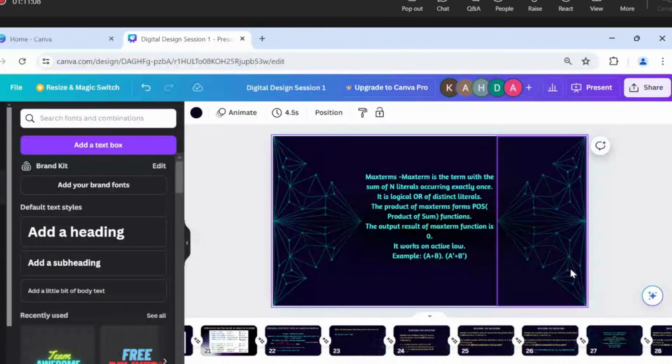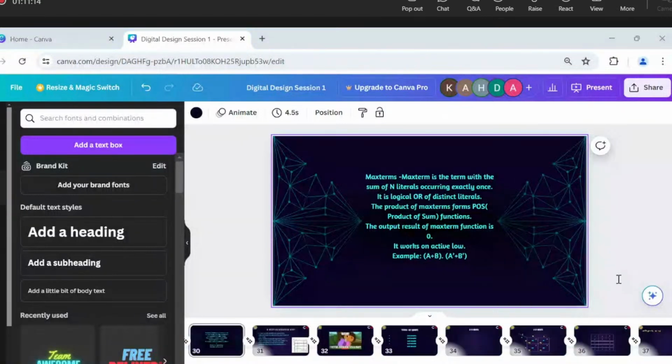Is it the one on max terms or is it something else? Can you guys confirm? Hello? Deepti, what is the last slide you can see? Max terms. I think it's correct. Max terms. Okay. Yeah.